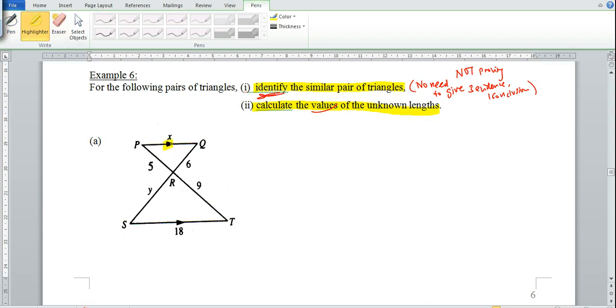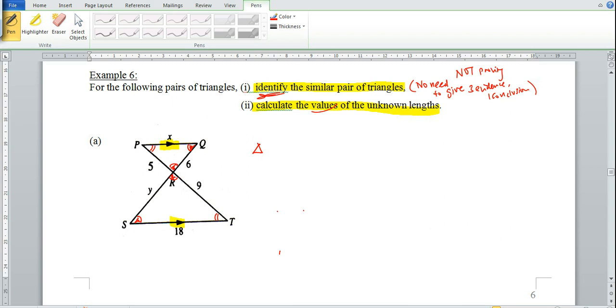Again, I have parallel lines, so I will be very sensitive to angles. Again, I have an alternate angle here, and I have a vertically opposite angle. There's another third A that we use. Anyway, this is just for us to figure out which vertex corresponds to which.